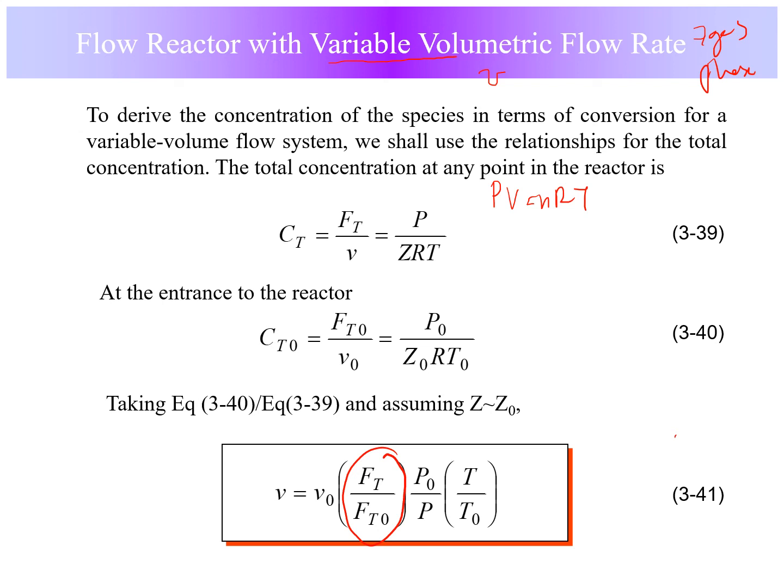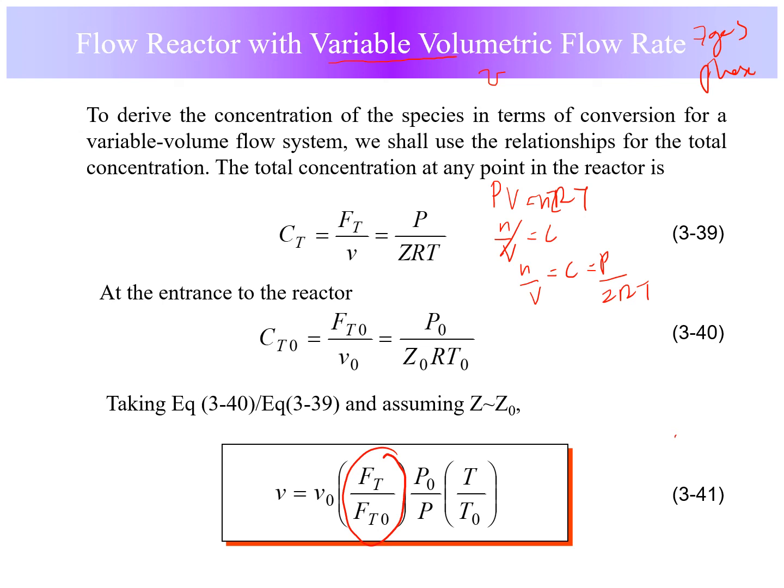When you have n divided by V, this becomes concentration. That's why n over V is equal to C, equal to P over ZRT, if you include Z.